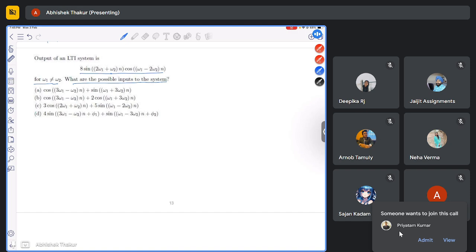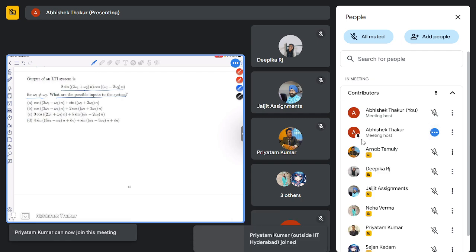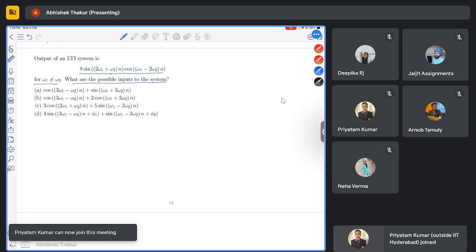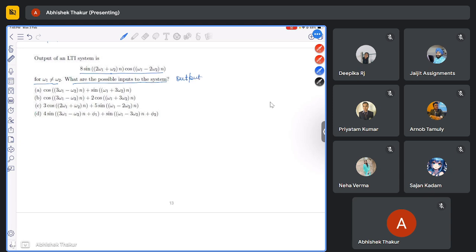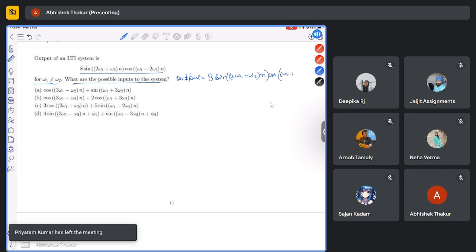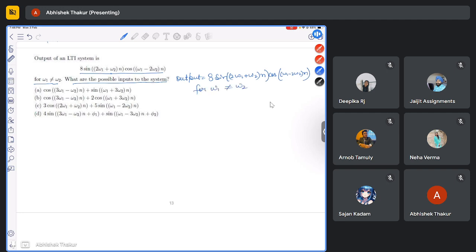So first, they are saying the output is given as sine of (omega 1 plus omega 2) into n, cos of (omega 1 minus omega 2) into n, for omega 1 not equal to omega 2.